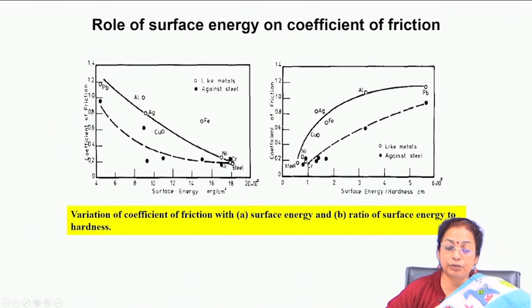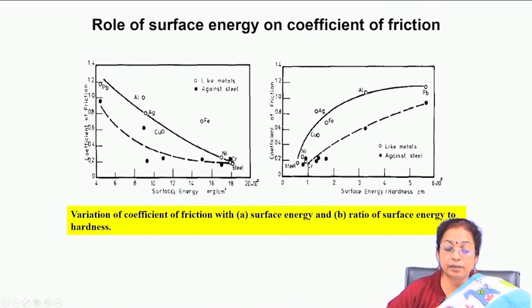On the other hand, if you think of the mechanical properties of the material which also influence the coefficient of friction, like hardness, there you will find that the higher the hardness, the lower will be the coefficient of friction, because the harder the materials are in combination, or the harder the metal surface is, naturally the lower the coefficient of friction will be.